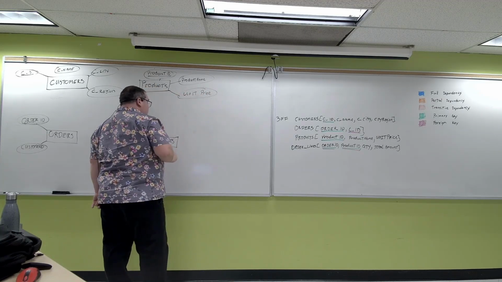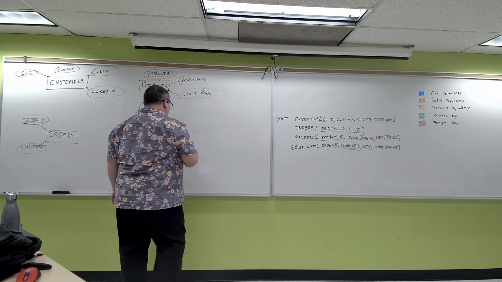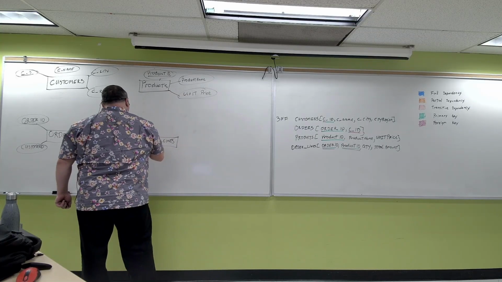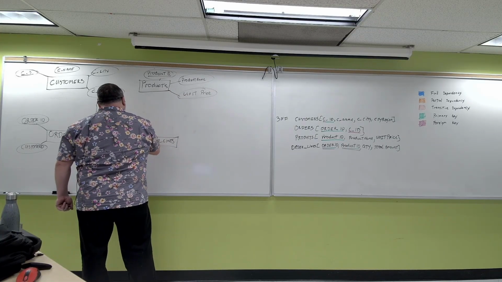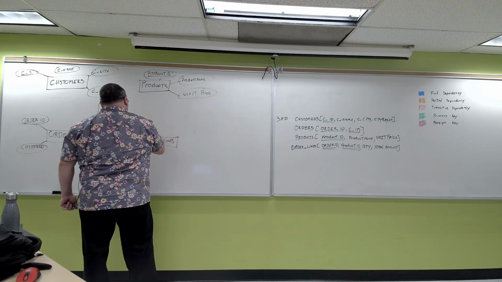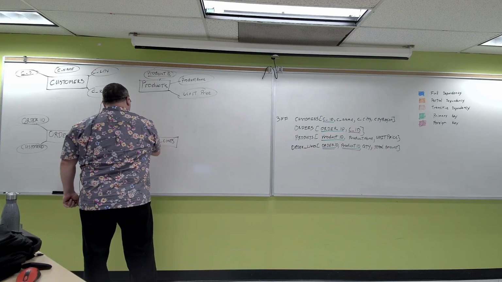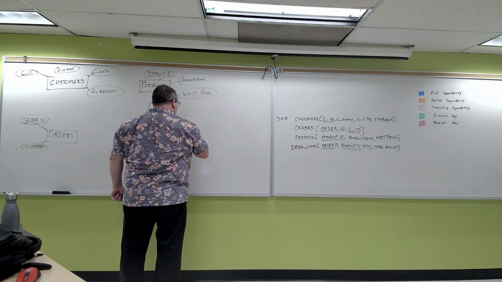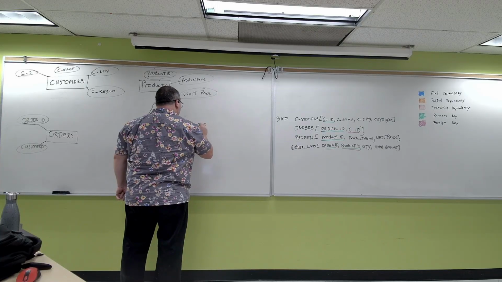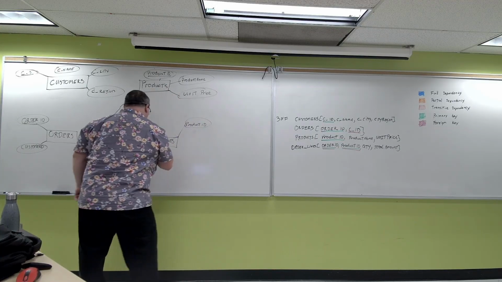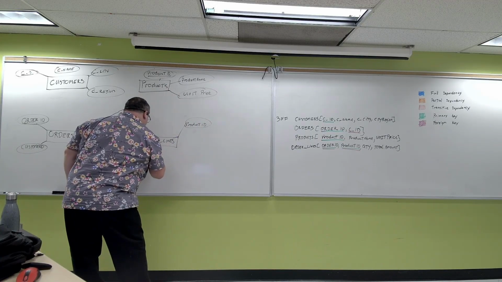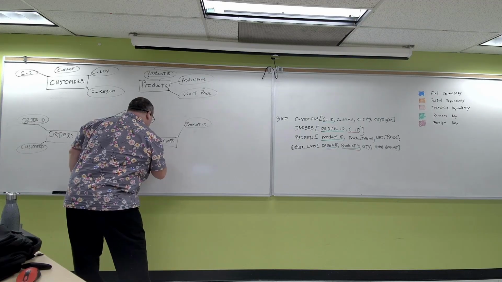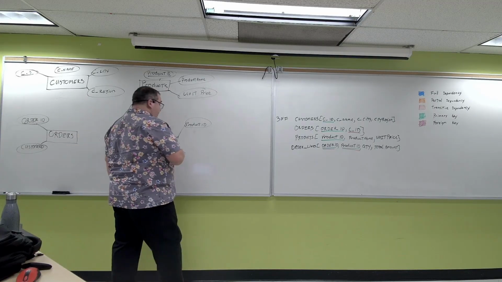And then on order lines, we have the order ID, the product ID, the quantity, and the total amount.